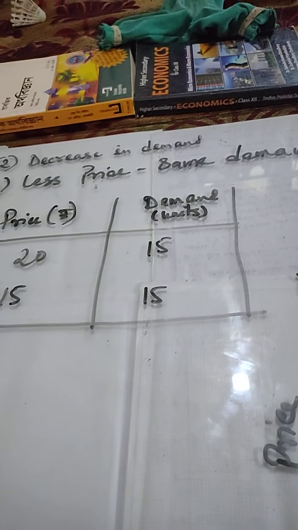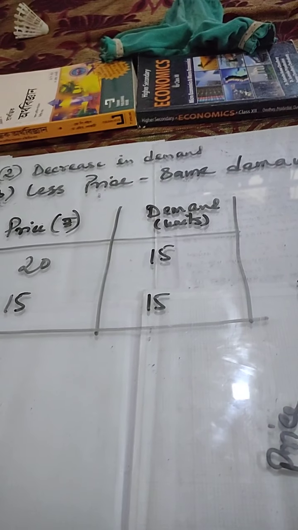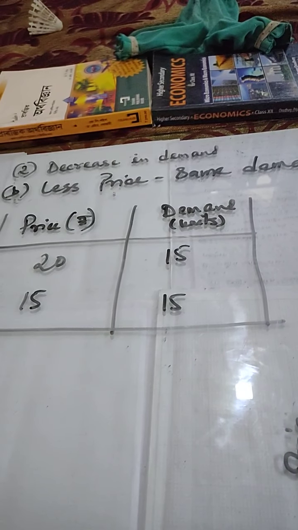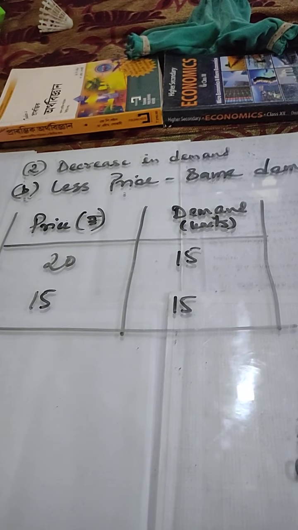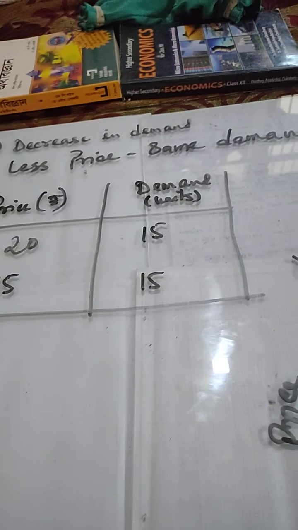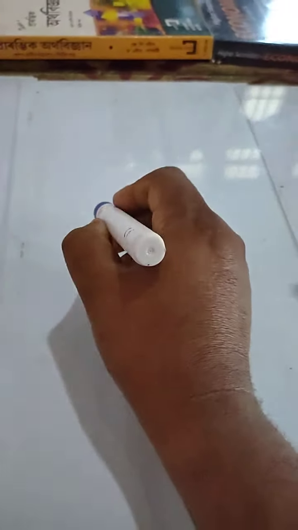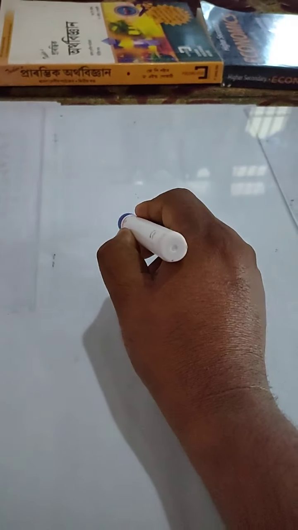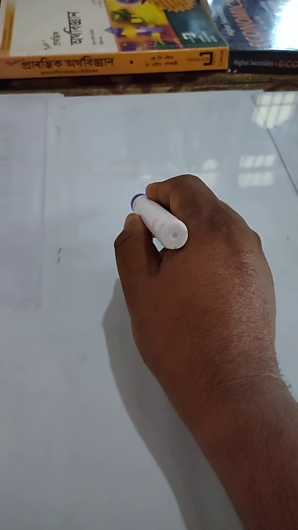So in this way we can discuss the two situations of decrease in demand. First, what we have learned, that is same price, less demand, and less price, same demand. So in this video, what we have got is, first, increase and decrease.